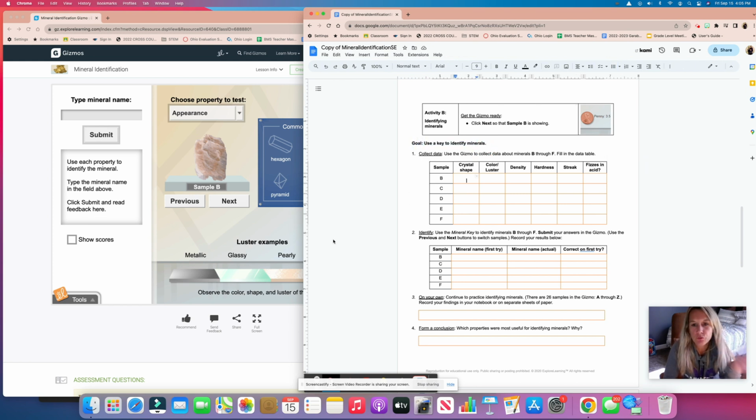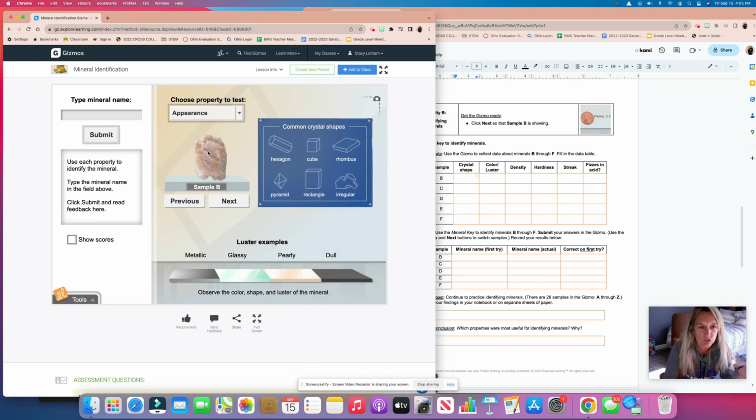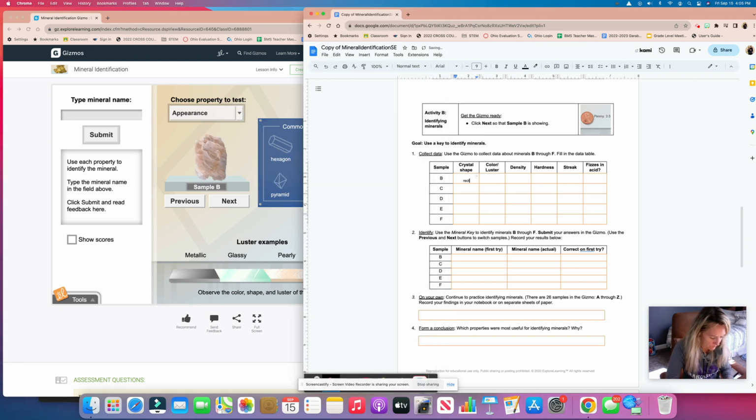All right, so first we're going to look at sample B. What is its crystal shape? Well, weirdly, this one is really difficult to see, but you could kind of see straight edges. This one is actually rectangular in its crystal shape.